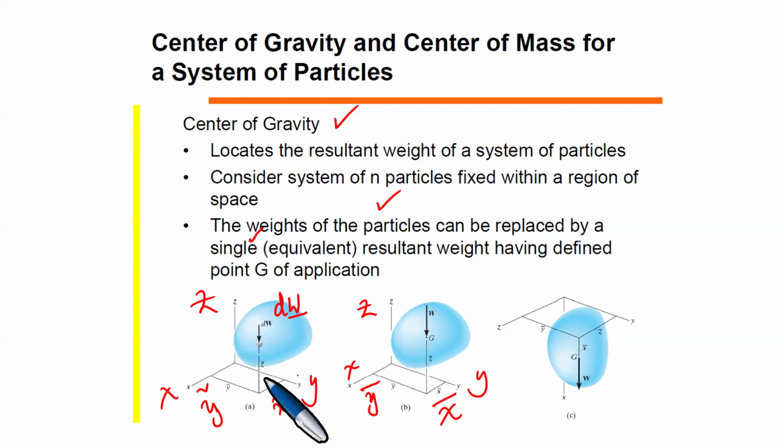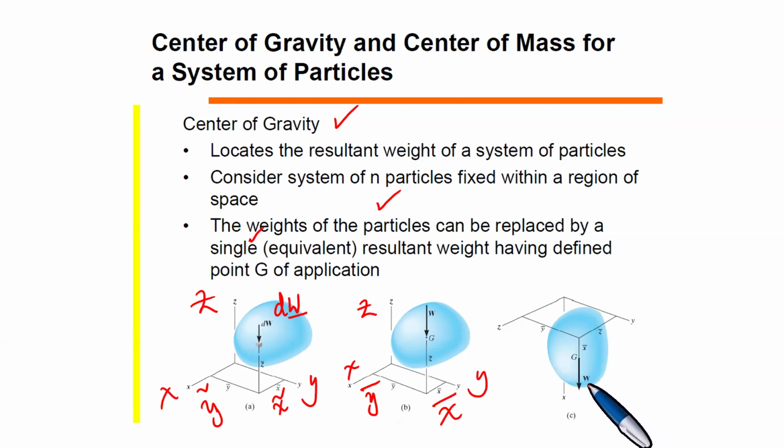Now we're looking at this particular object that is in the x, y, z coordinate system. So we can see we have a point of application of a single resultant weight.